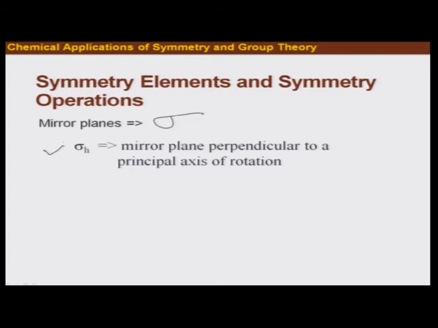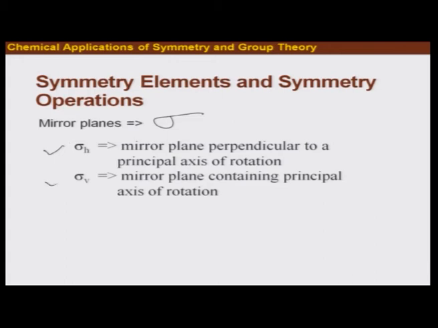Sigma h is a mirror plane which is perpendicular to the principal axis of rotation. Now, you also have something called sigma v. Sigma v is also a mirror plane, but this particular mirror plane has a characteristic that it will contain the principal axis of rotation.